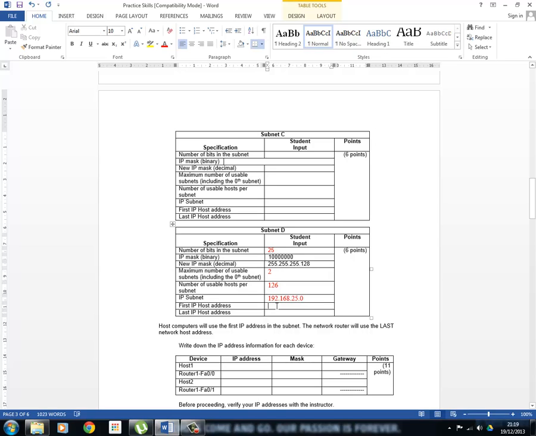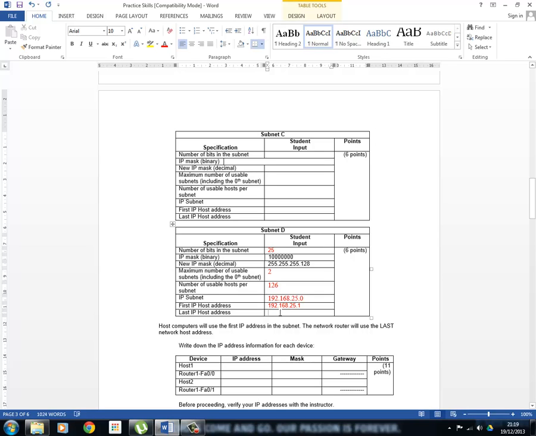So what is the first IP address? Well, 192.168.25.1. That's the first available IP address within this network. What is the last available?